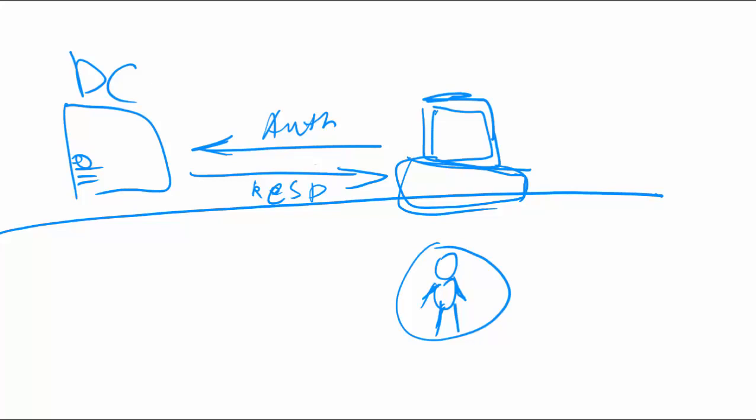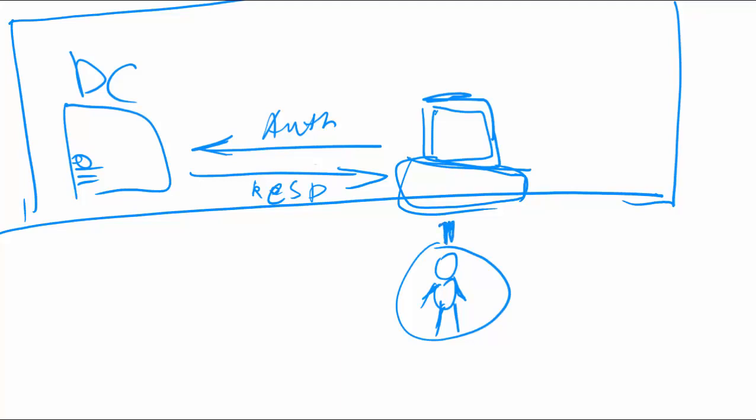But that other part, we don't see because it's happening in the background before you are able to authenticate using your user account. And basically the password for the computer account is stored inside of our LSA machine account secret.